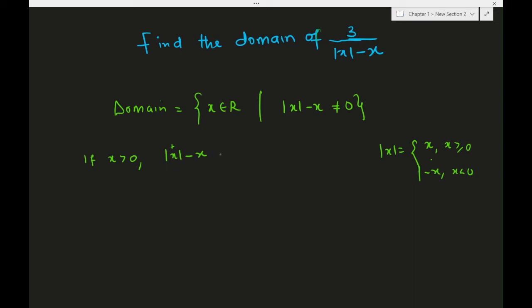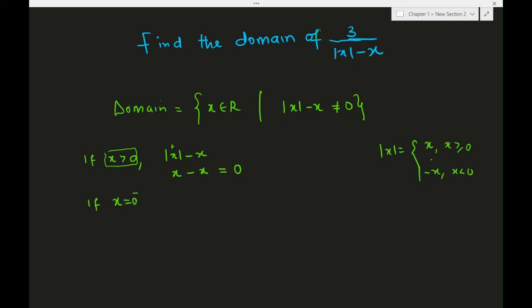So absolute value of x will become x, and you have x minus x, which is equal to 0. So what does that mean? It means you will try to avoid having x to be greater than 0, because if x is greater than 0, in the denominator we are going to have 0.